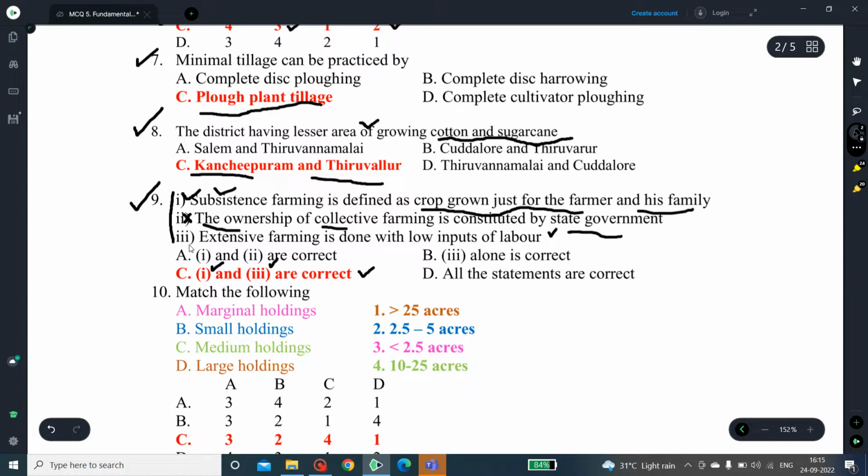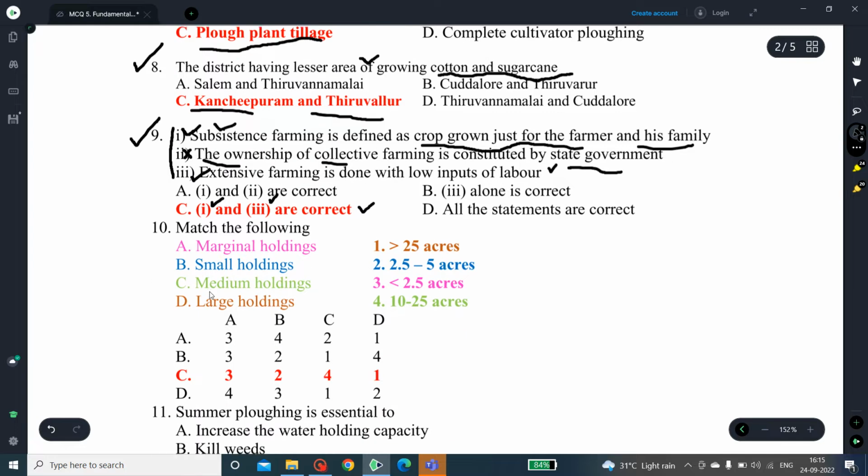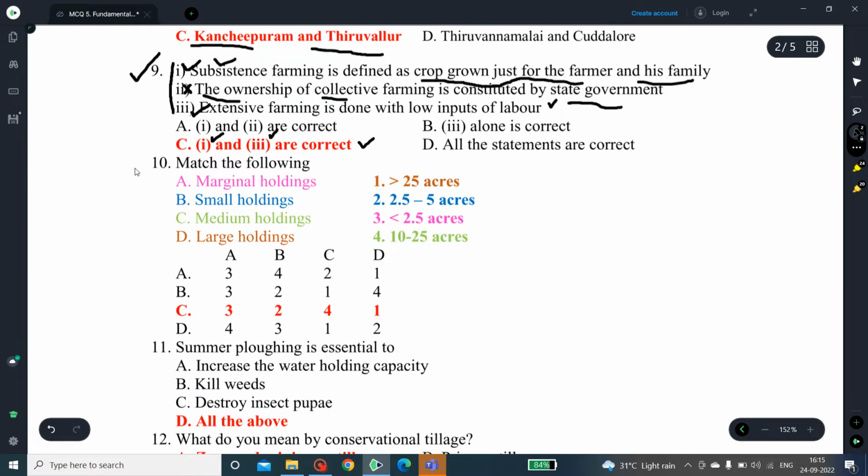Okay. Then again we match the following, that is the 10th question. There are different land holdings. For marginal holdings, the correct acreage is less than 2.5 acres, so the option is 3.